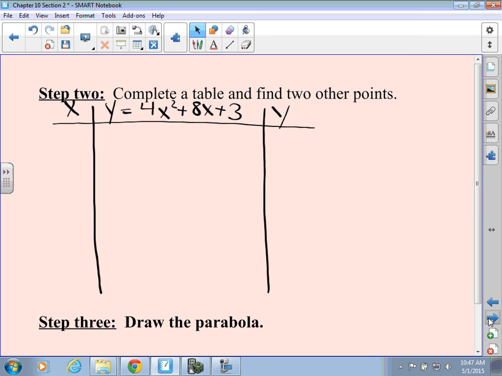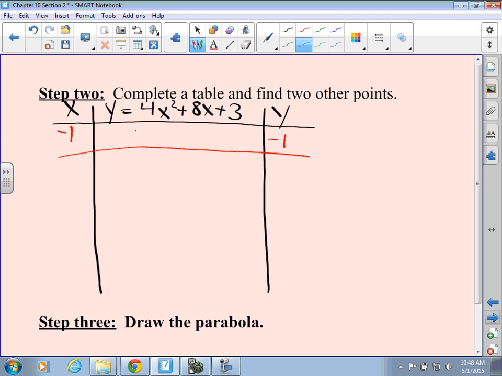Okay, now I need to do some other values. So I'm going to use that -1, my x value, and I want to do one bigger. What's one bigger than the -1 in the x? It's 0. So I'm going to plug in 0. It's one bigger. So y equals 4 times 0 squared plus 8 times 0 plus 3.